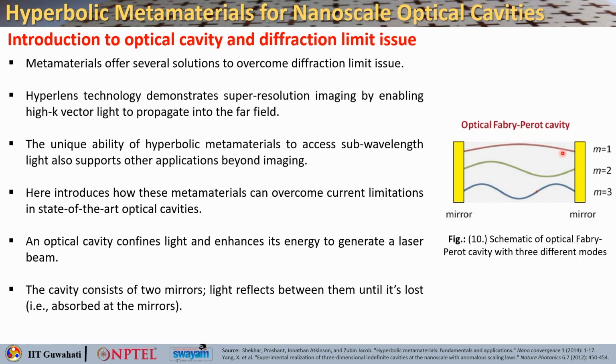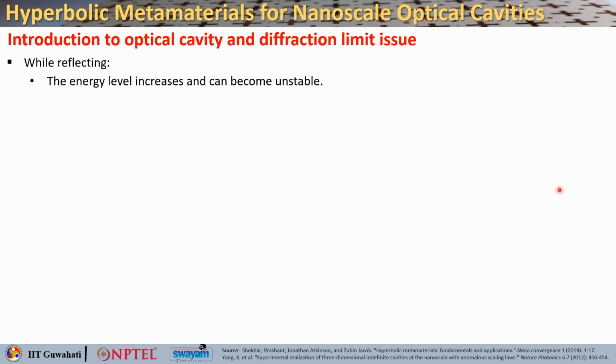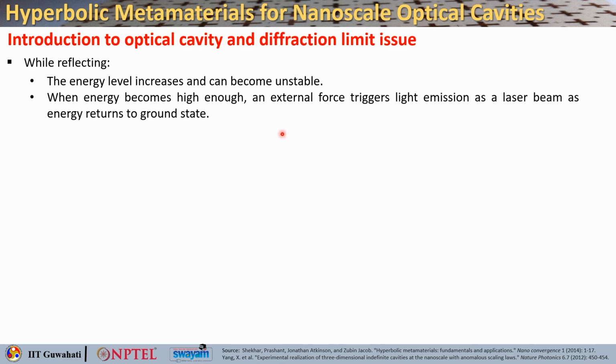This is showing you different modes: m equals 1, m equals 2 and m equals 3. While reflecting, the energy level increases, and it can become unstable.